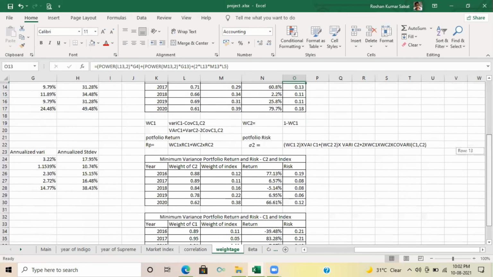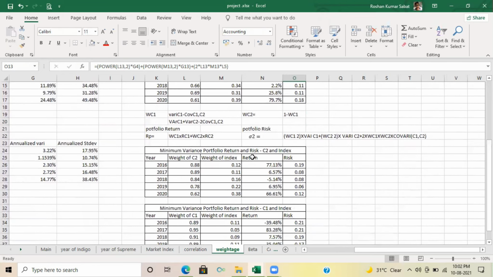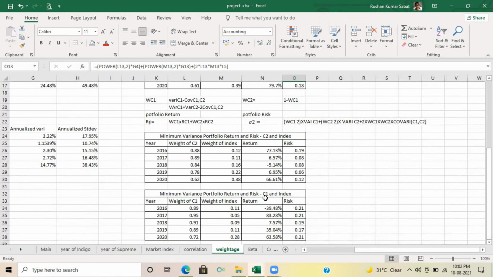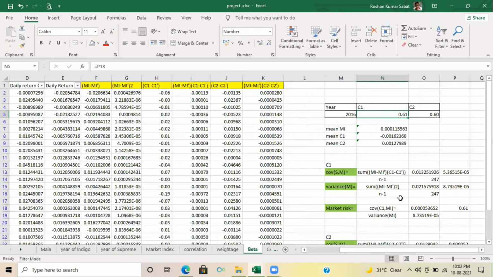With the help of this, you can calculate the relation between C2 and index, or the same way, the relation between C1 and index. That's all. I can tell you one more thing: how you calculate the beta. I think I already told you, but if you want, I can tell you, or you can see my beta video.